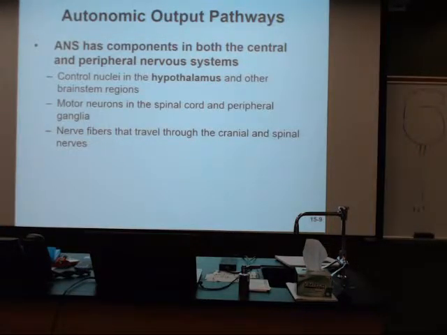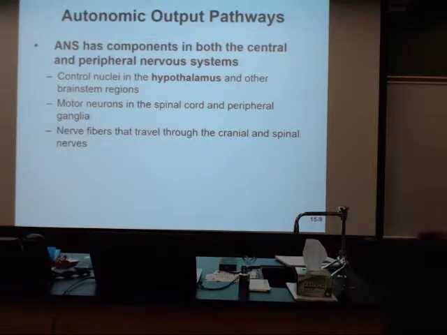Just like when we talked about the brain and the spinal cord and the peripheral nervous system, we're still going to look at the parts of the axon. So, let's think about what this is telling us.